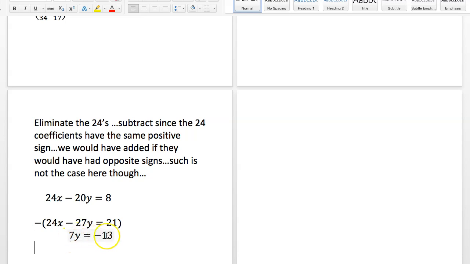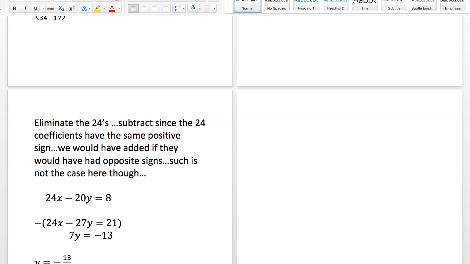So we divide both sides by 7. And that's going to be y equals negative 13 sevenths. So that's not all that exciting. So that's our y.